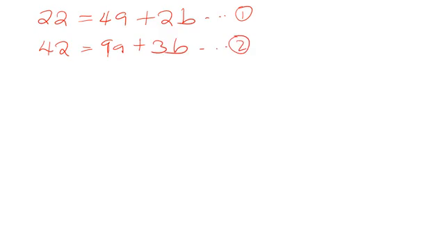For the elimination method of solving, we can multiply the upper equation. The simple one to eliminate is B.